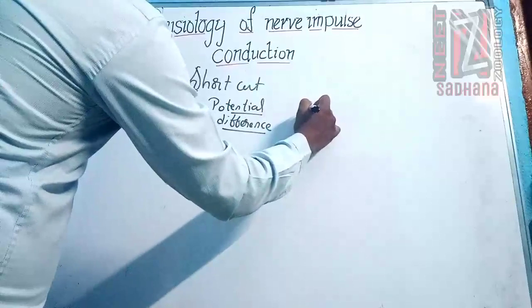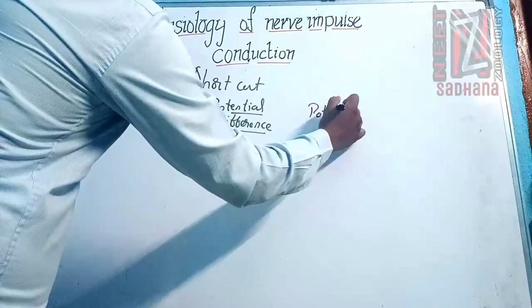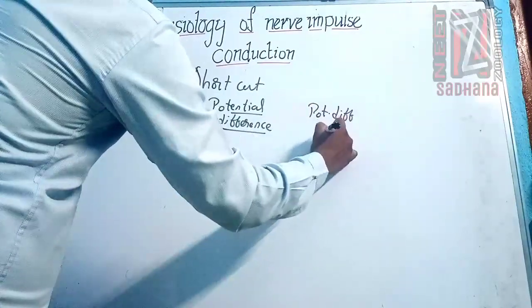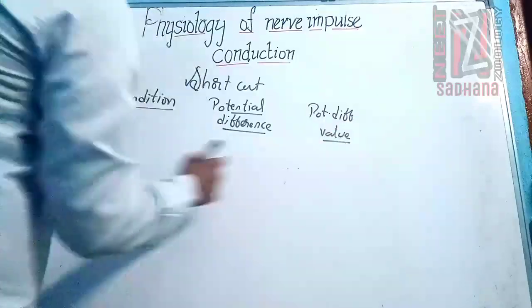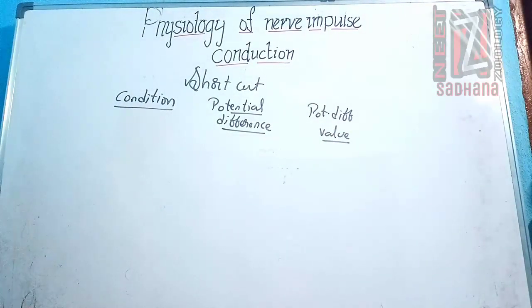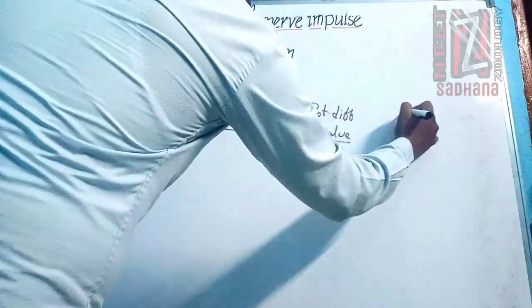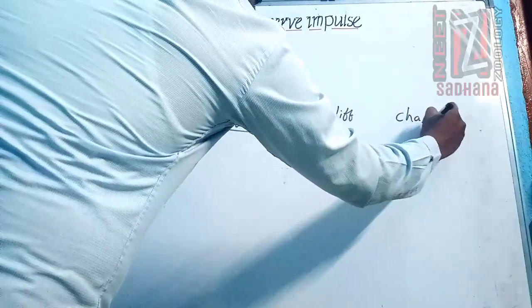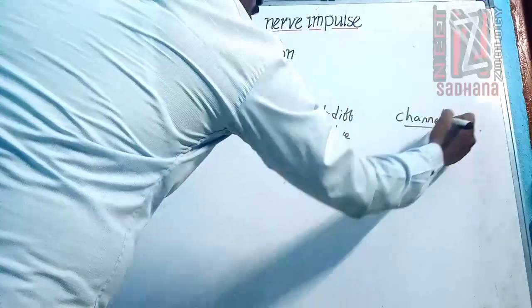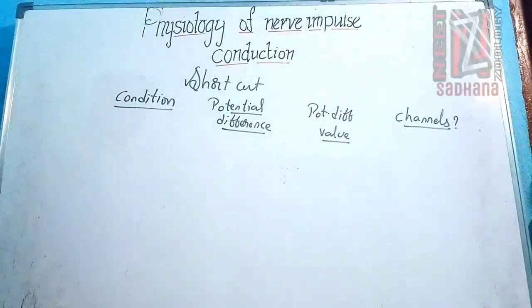Then I'll give you the potential difference value, so how much value will be there during that condition of the axonal membrane or the nerve. Then we'll discuss the position of channels. So one by one we'll start.